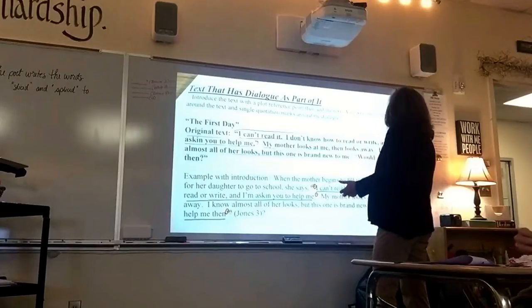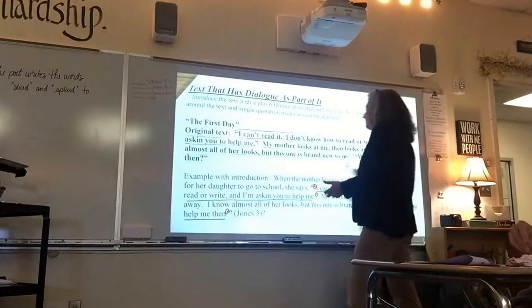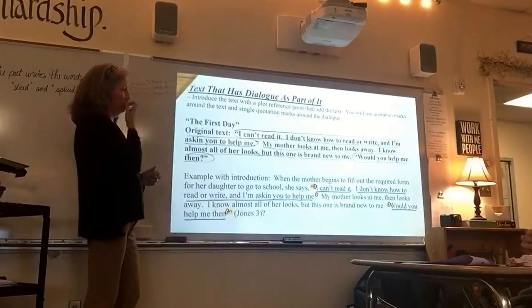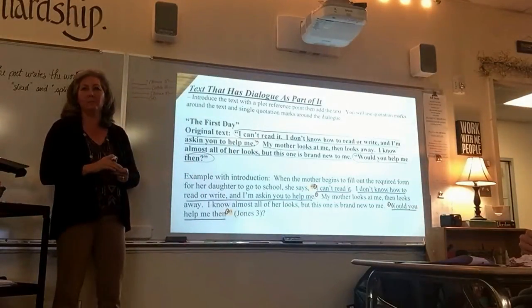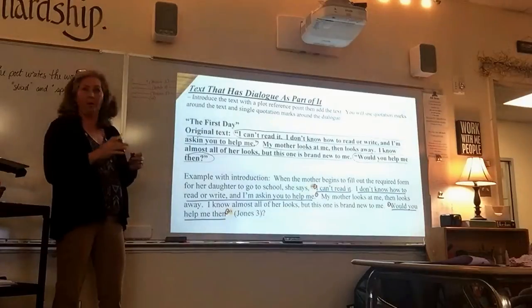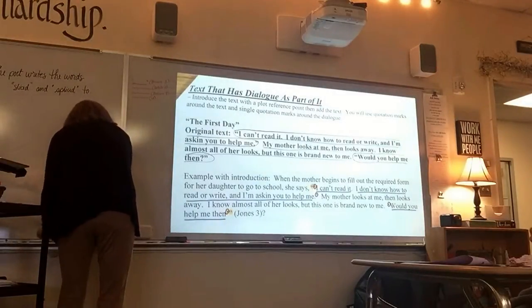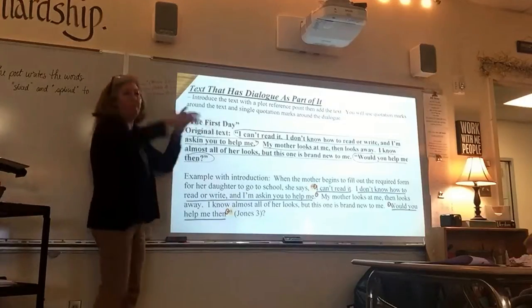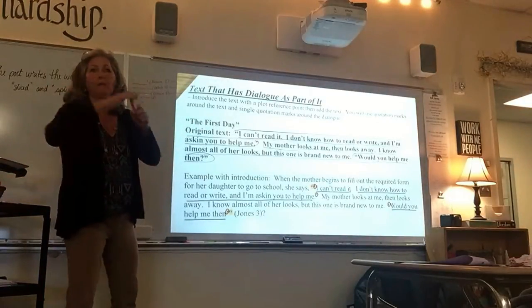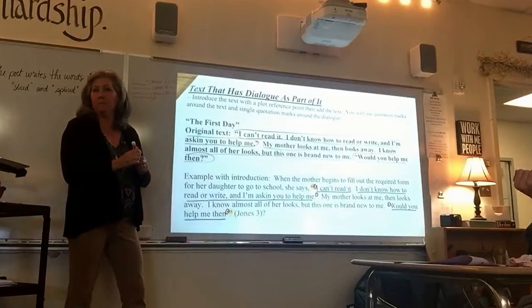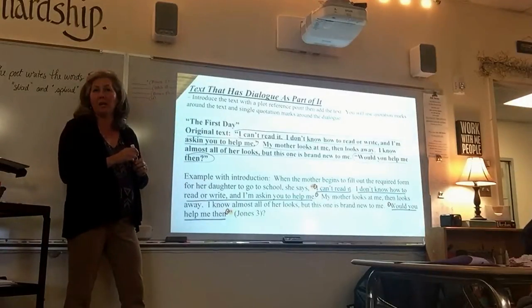Okay. So the part that I have circled is the dialogue. Do you see that? What's the underlined part called? Narrative. Okay, now watch. If I'm going to tell my reader that this whole thing is from the story, where does my quote start and end?